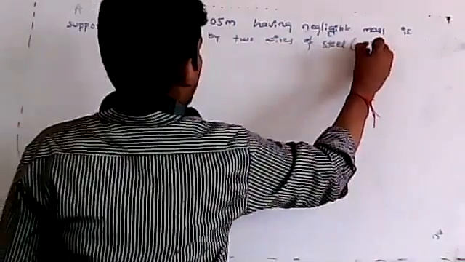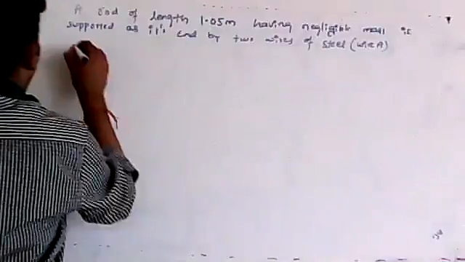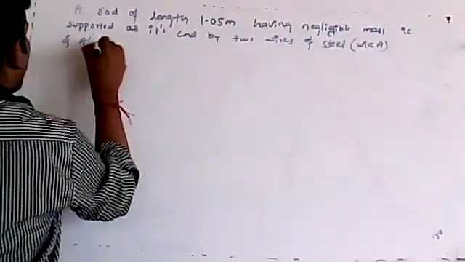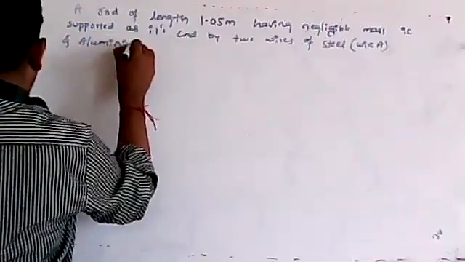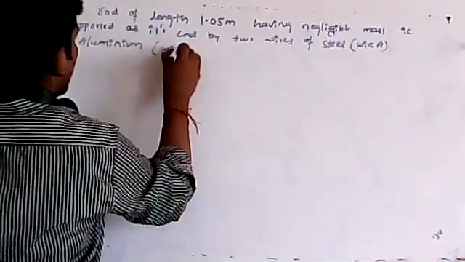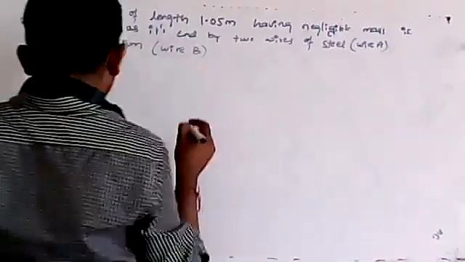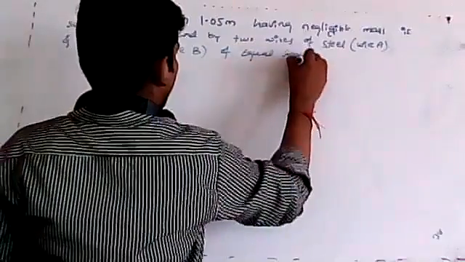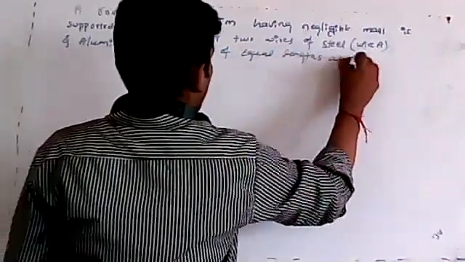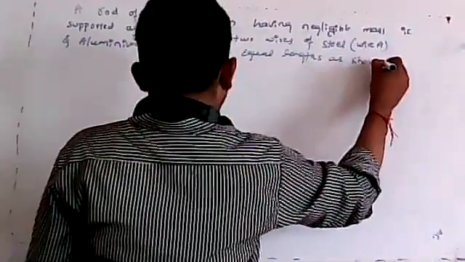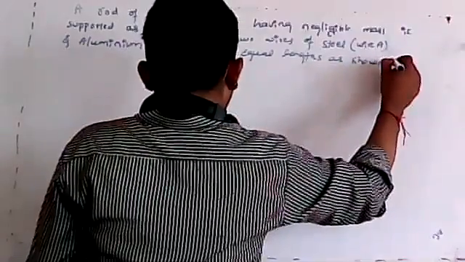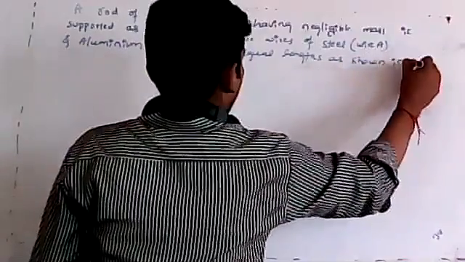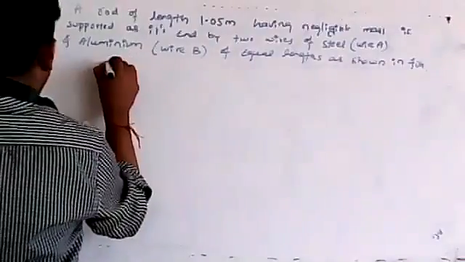Let us consider this as wire A, and aluminum, let us consider this wire is wire B, of equal lengths, as shown in the figure. I will draw that diagram later. Let me complete this first.